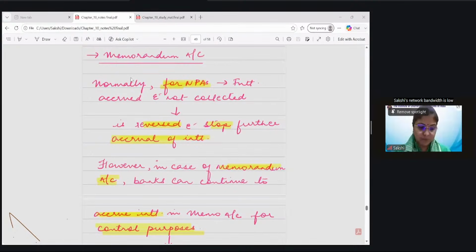Okay, they are showing a thumbs up. Is everything fine? Please let me know, is the audio visual fine? Technical team, is it fine now? Audio is fine, but video is stuck. I will share the screen again.